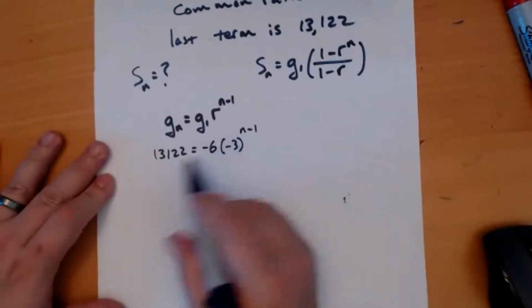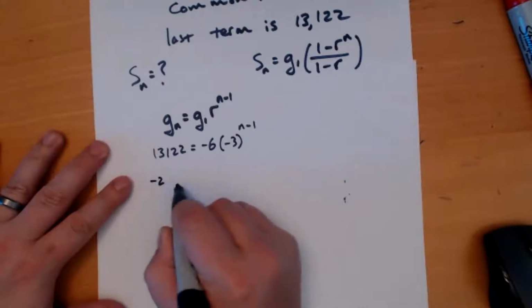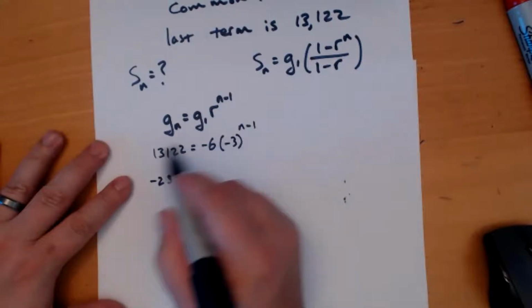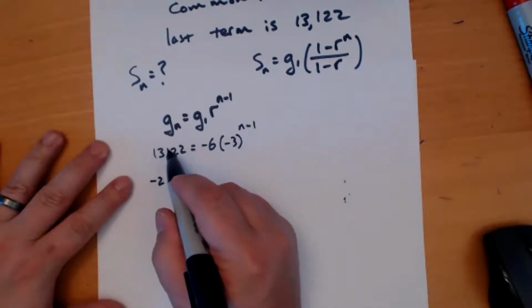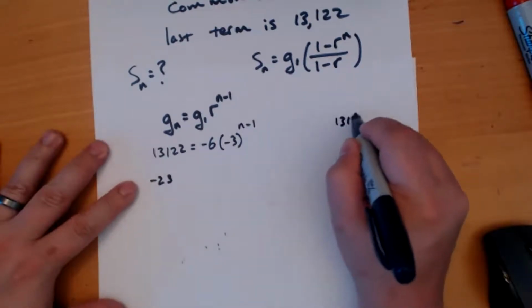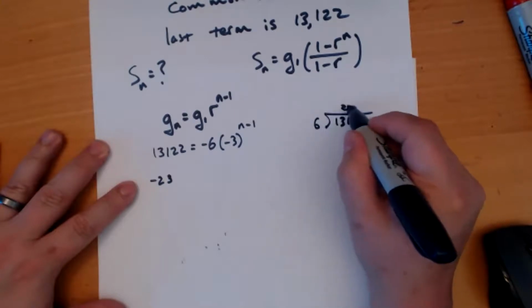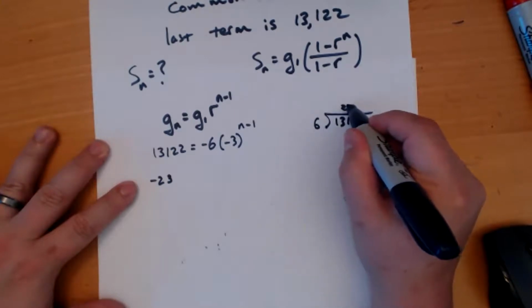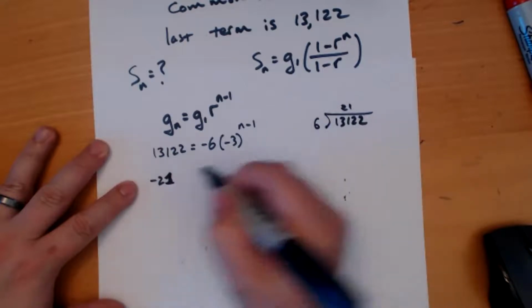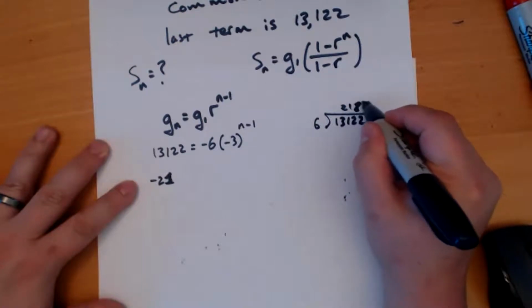Now I'm going to divide both sides by -6, and that's going to give me... wait, no. Well, that's not right. Two with a remainder of 1, and then 1. That was my mistake. That's a 1. 5, 2 gives me 48, which is 8, and then 7.